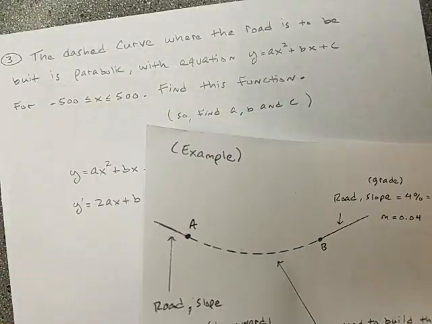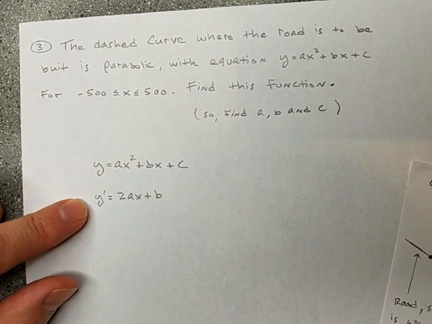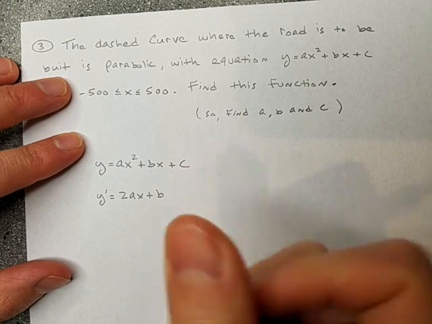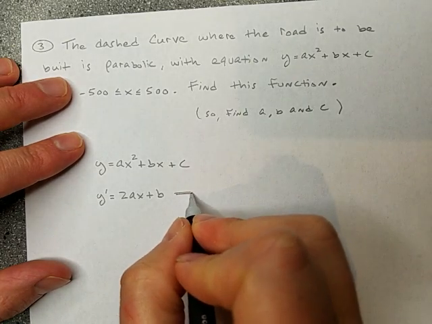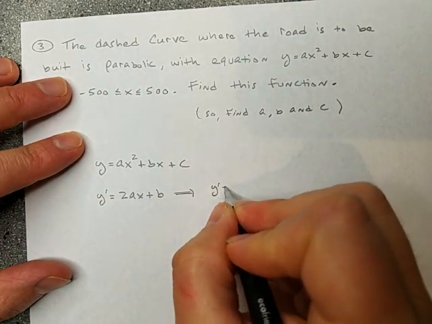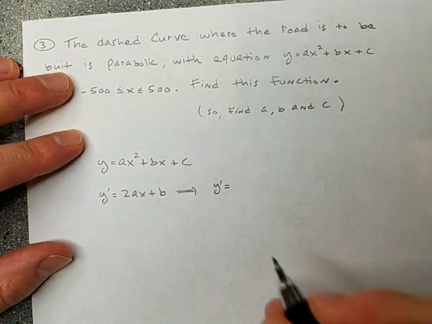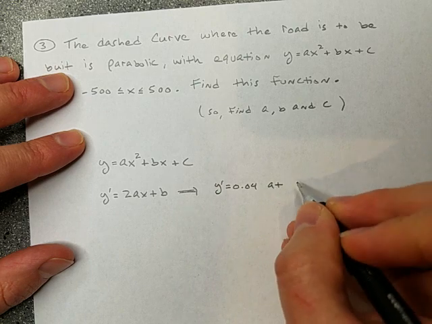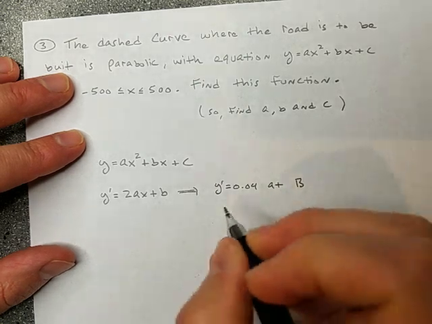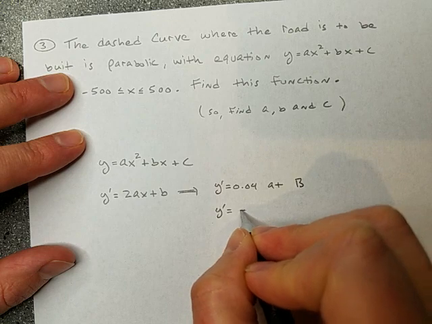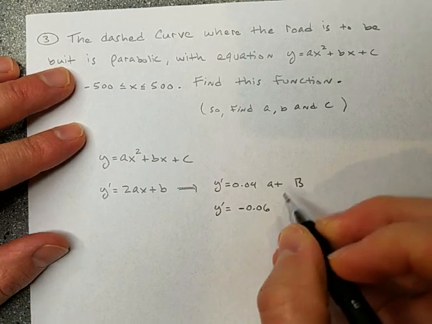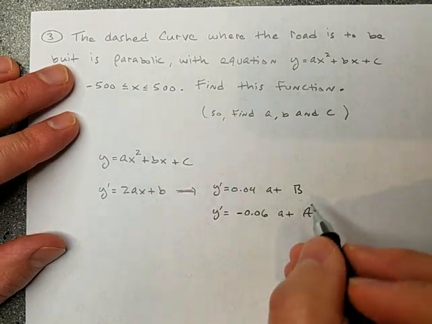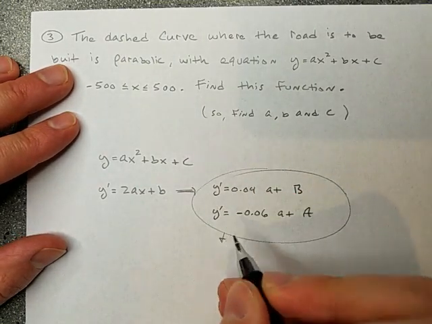So I know something about this. All right? So let's say from here, y prime is going to be equal to 0.04 at point B, and y prime is going to be negative 0.06 at point A. That will translate into this.